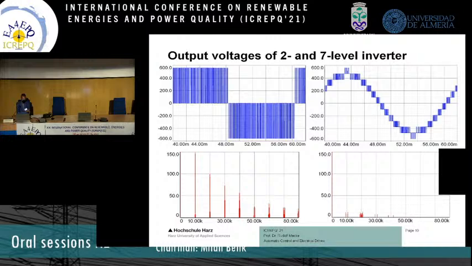This slide contains the output voltage of the 2-level, the 5-level, and the 7-level inverter at 10 kHz switching frequency. As you can see, with the number of levels, the output voltage approaches the sinusoidal shape, and the harmonic content decreases. As a result, the natural frequency of the motor filter can be increased, which reduces the size of the filter, of course.